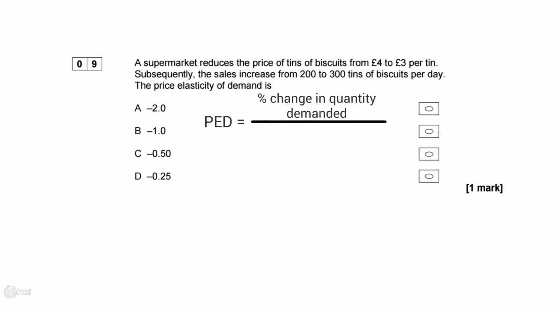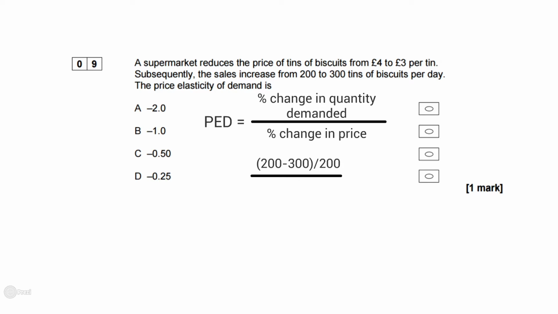It is worked out by dividing the percentage change in quantity demanded by the percentage change in price. The sales increase from 200 to 300. So to find out the percentage change in quantity demanded, we do 200 minus 300, which is minus 100, and we divide this by the original sales, which was 200. This gives us a value of minus 0.5.